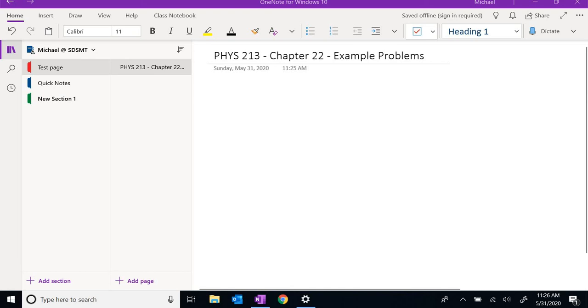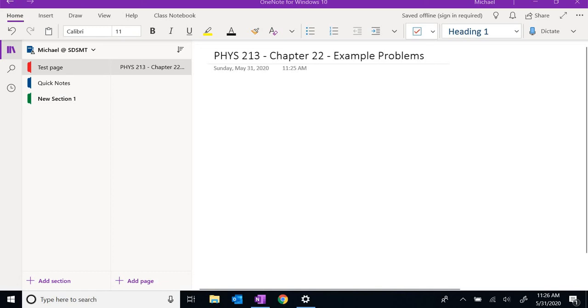Hello everyone. Now usually I'll incorporate a number of example problems into my lectures, but for chapter 22, since it is so heavily focused on the derivations of those fields, we don't really get a chance to see some of those expressions in action.